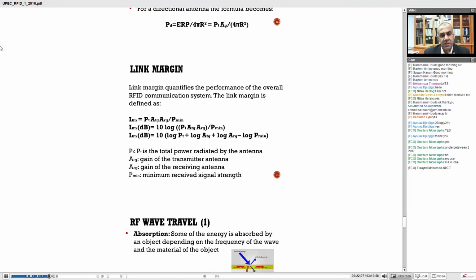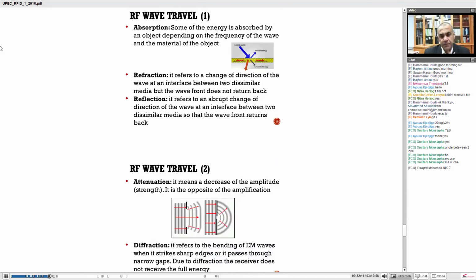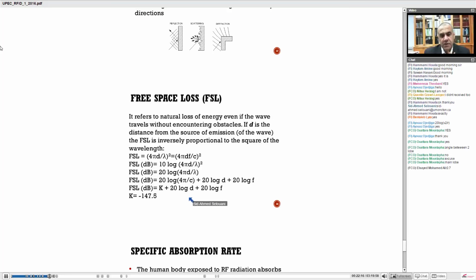I use D, sure I use D. Sorry, I put R, but it's D. K includes the C and P. So it's very easy: we have the distance 1 kilometer, we have the frequency 950 megahertz, and we have this constant.